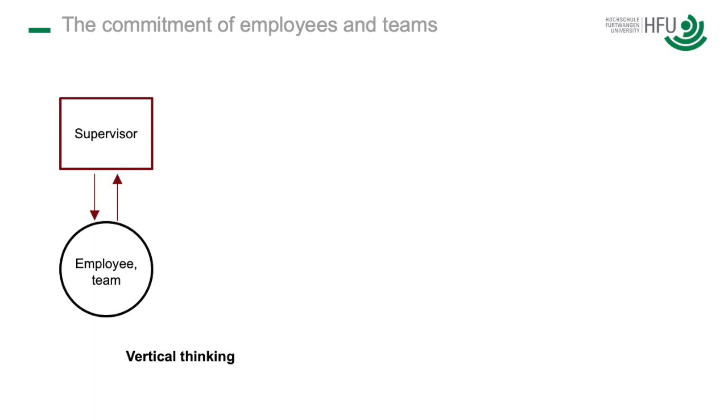In my eyes, I'm really happy about this criteria because I think it's one of the cores that differentiate between organizations that aim for stability and have a strong hierarchy versus those companies who want to be agile and think more in terms of networks. So here it comes. It's about the commitment of employees and teams. So I will stick to this for a while.